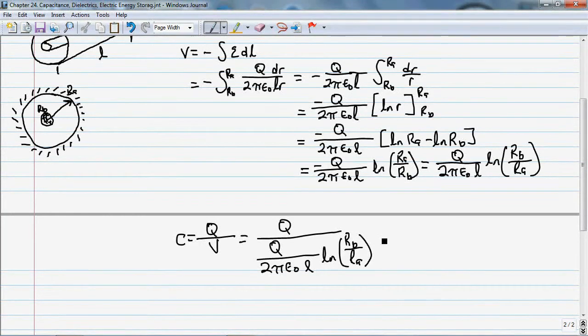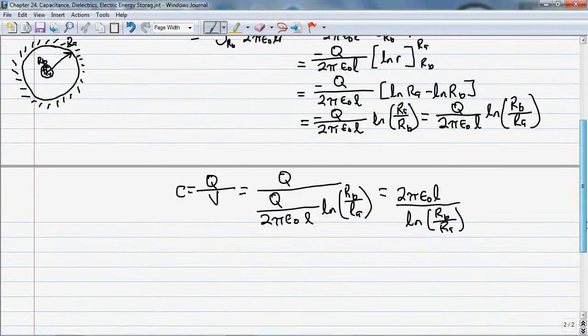And we can simplify this, and I'm going to leave the natural log in the denominator. The Q's are going to cancel out. The 2 pi epsilon naught L is going to be taken to the top, and I'll divide that by the natural log RB over RA.